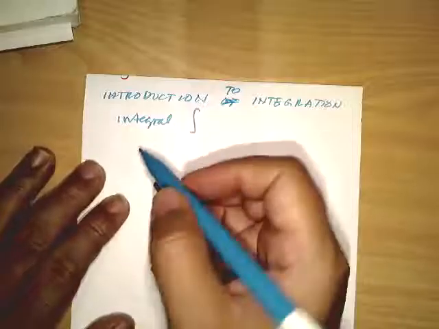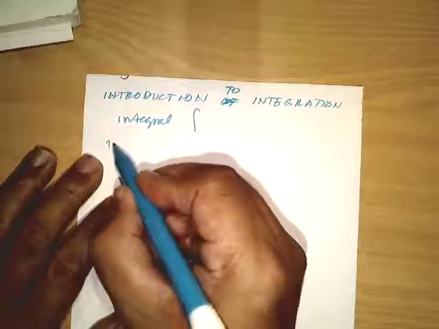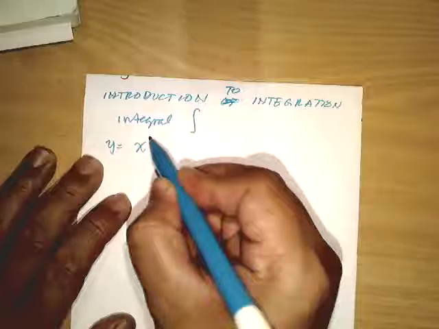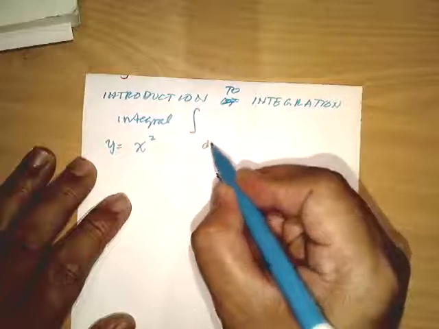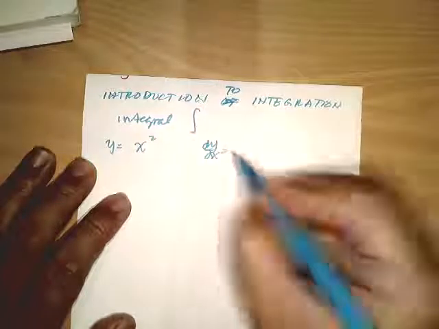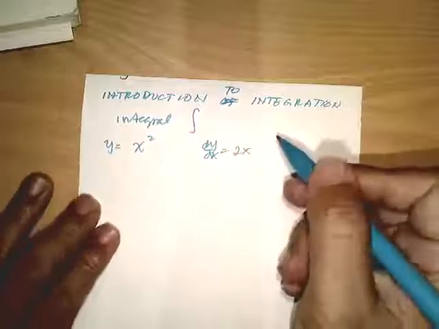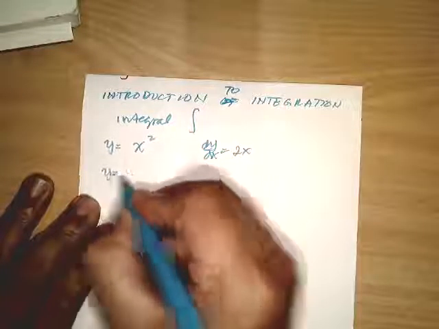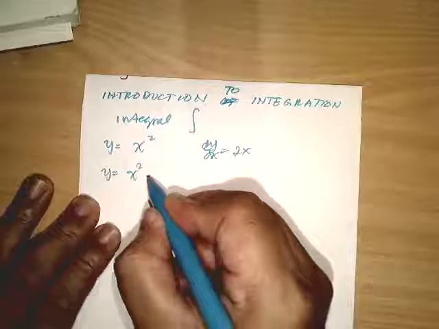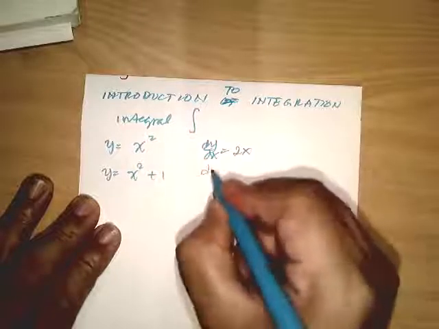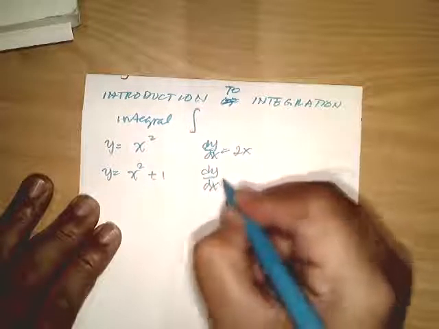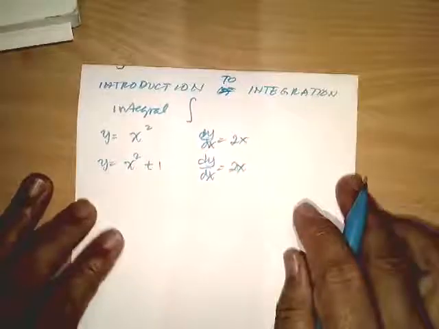In finding the derivatives, we have said that, for example, if your y is equal to x squared, the dy/dx is equal to 2x. If your y is equal to x squared plus 1, the dy/dx is also equal to 2x.